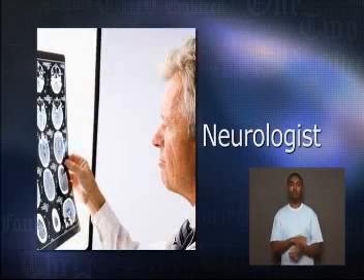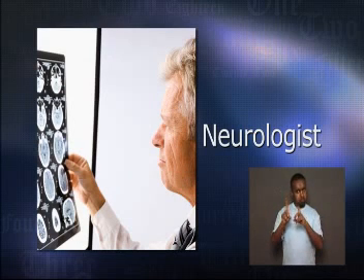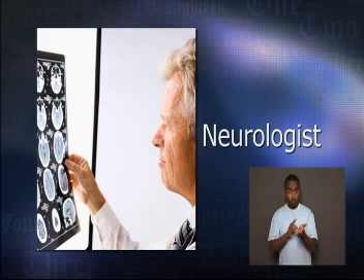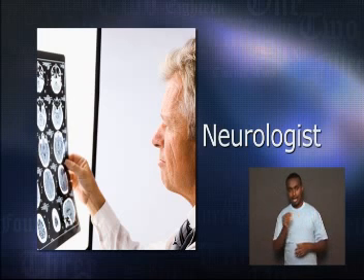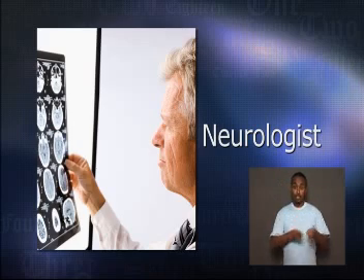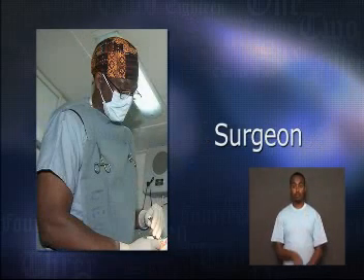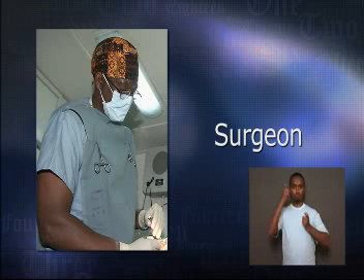A doctor could also be a neurologist. A neurologist is a doctor who specializes in the branch of medicine that deals with anatomy and the organic disorders of nerves and the nervous system. A doctor may also be a surgeon. A surgeon is a doctor that is qualified to practice surgery.